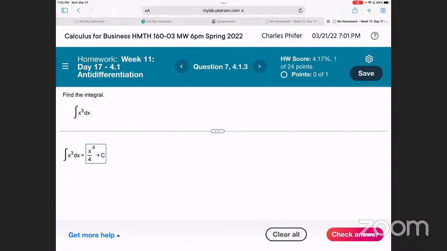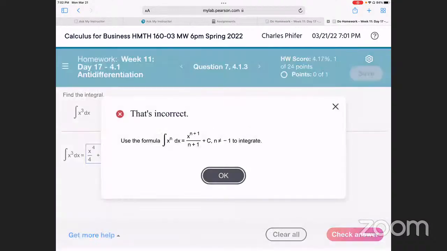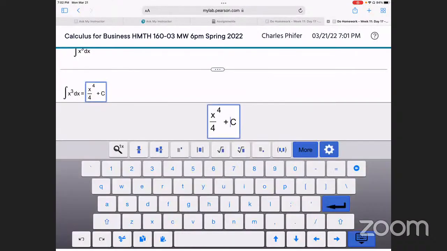Hopefully there's not a space in there. I think there's a space in there, that's why it's marking it wrong.